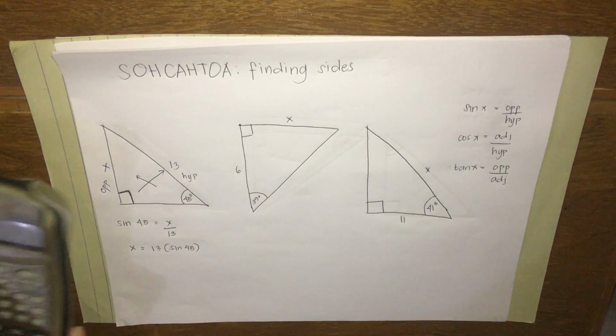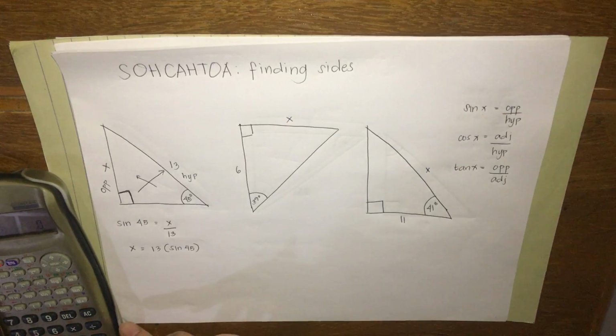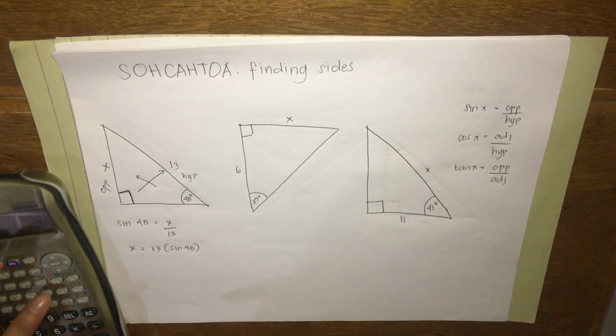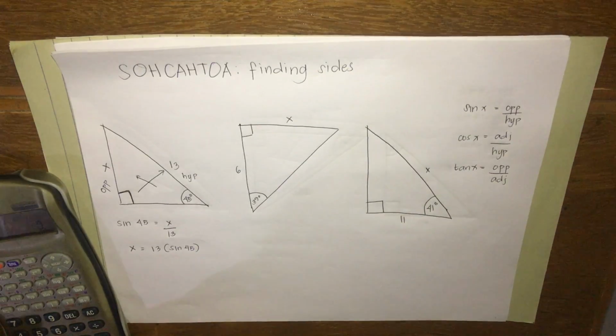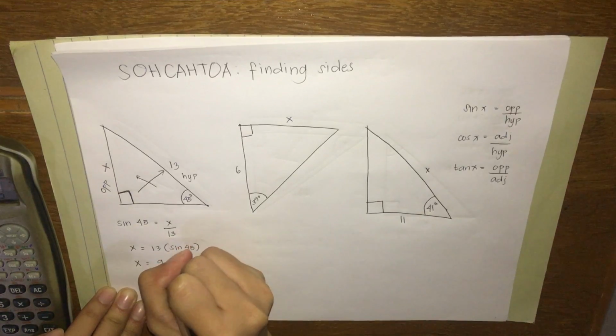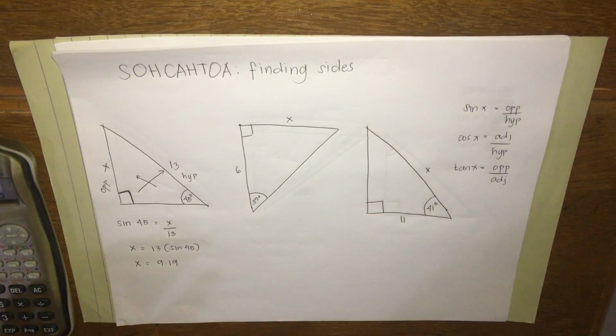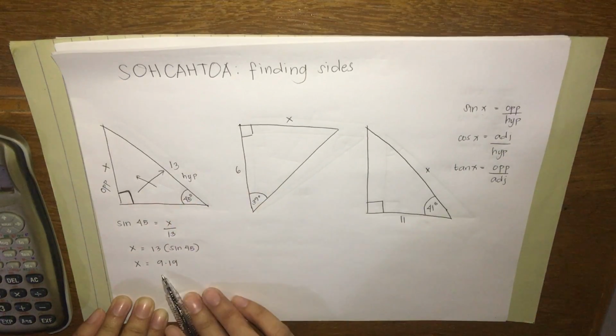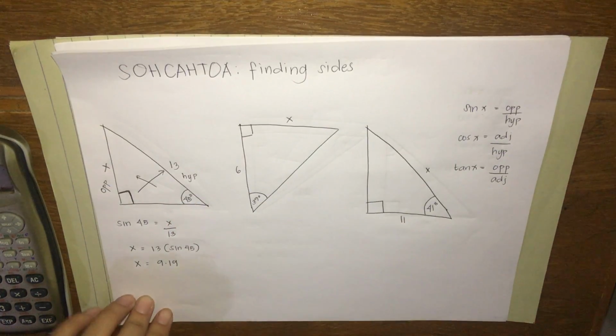Now, we input it in our calculator. 13 multiplied by the sine of 45 is equal to 9.19. The measurement of x here is 9.19.